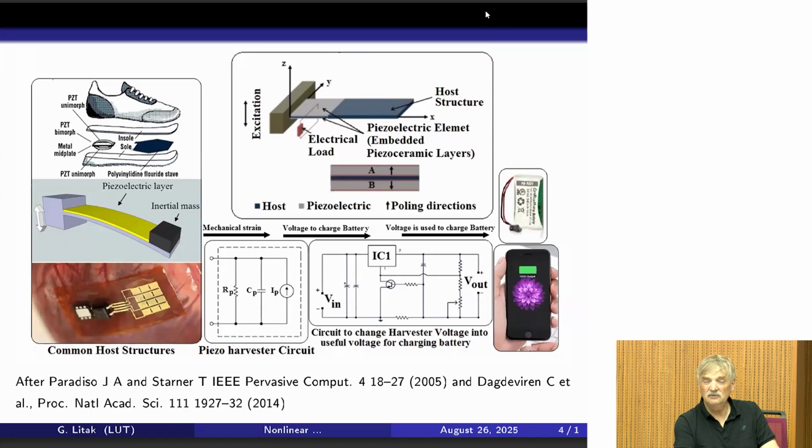One effectiveness factor is that you relate the output power to the volume. This is a good ratio for piezoelectric. For electromagnetic it is a little bit lower, so you need a larger volume to get the same power.